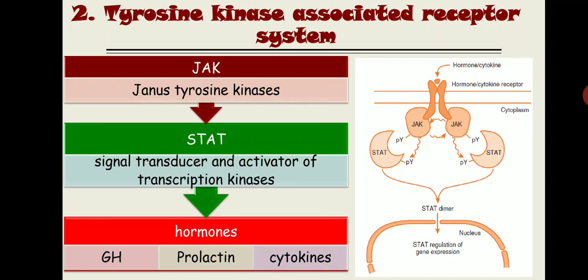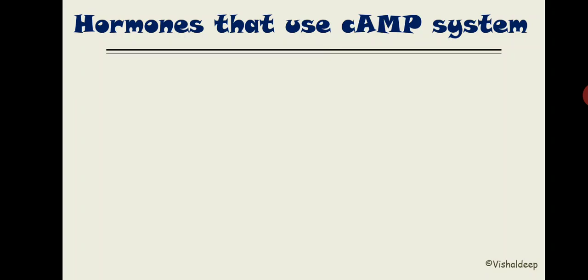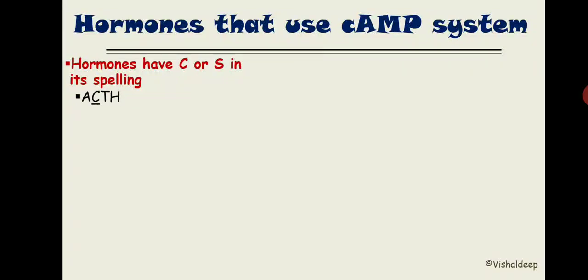Now the portion that I missed in this discussion is the hormones that use the cyclic AMP system. Which hormones use the cyclic AMP system? Hormones that have C or S in their spelling have a cyclic AMP system.